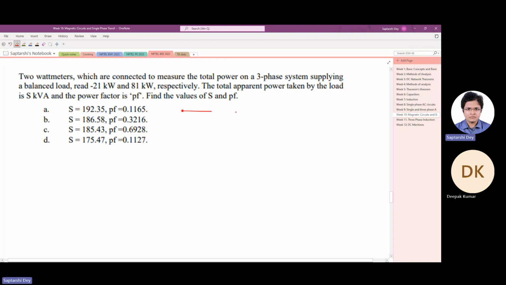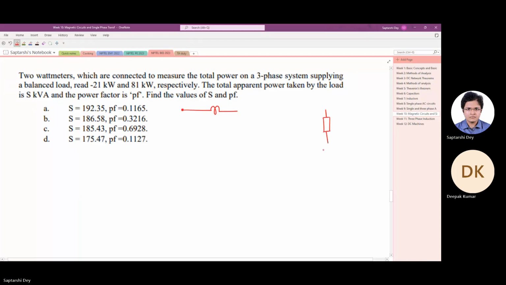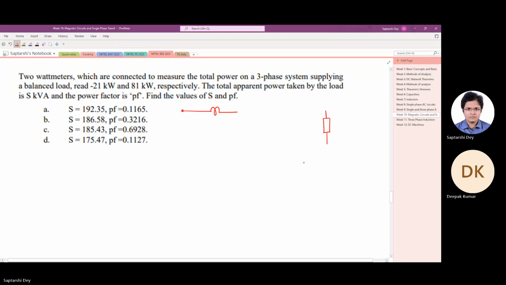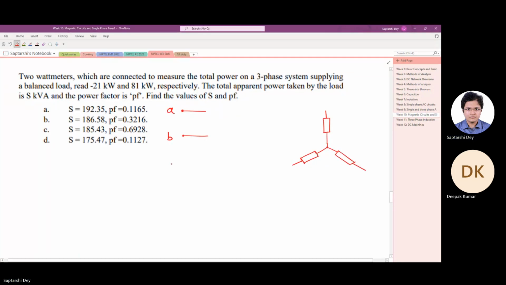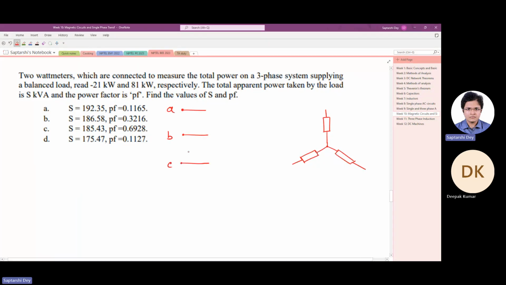Okay, we will do. So, we will do this problem assuming a star connected load. Star connected load like this. Now it is being fed by a three-phase supply A, B, C. Now the load has a power factor of something, say 0.5, lagging. That means all of them have individually lagging power factor 0.5.